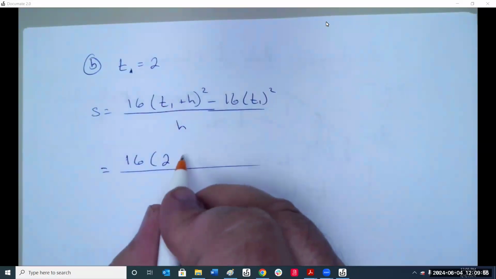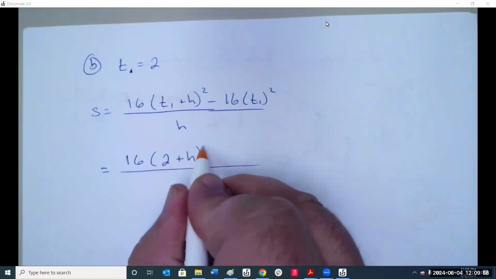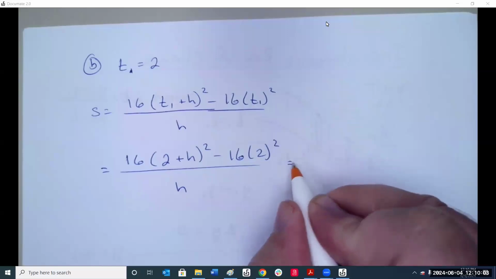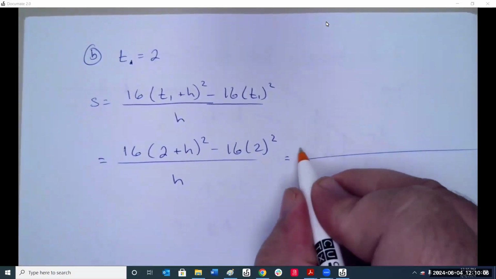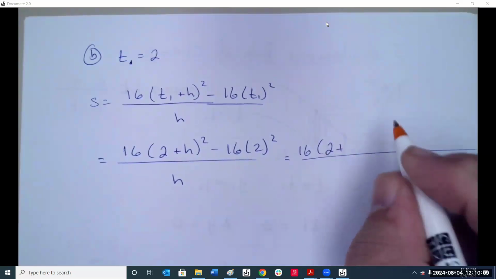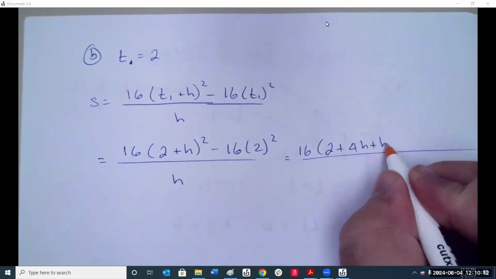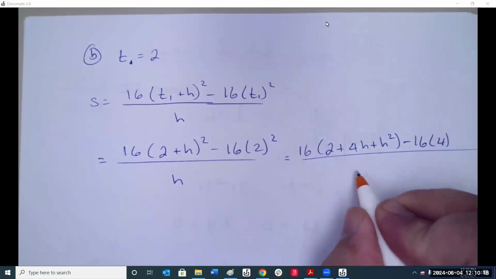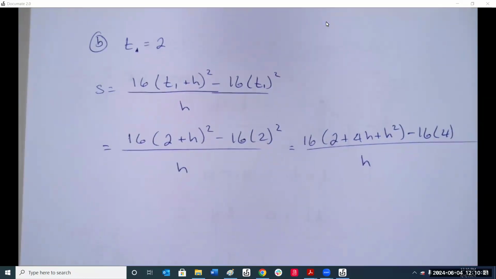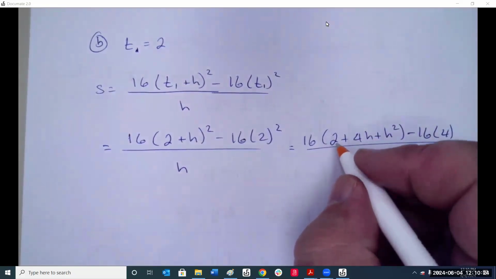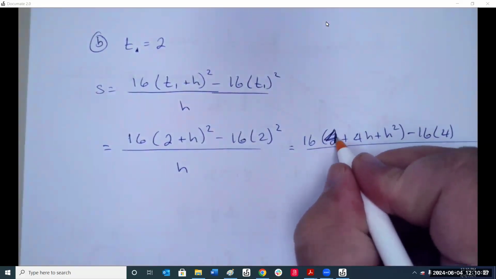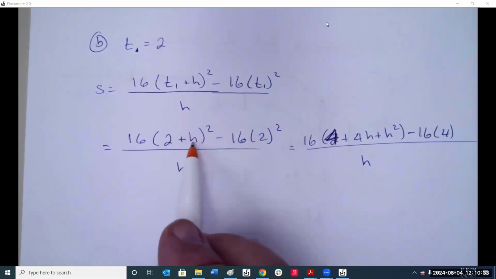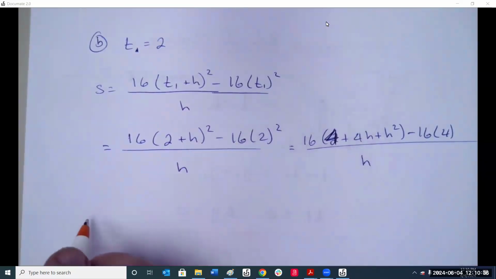Now we're looking at 2: 16(2 + h)², which is 4 plus 4h plus h², minus 16 times 4. That's not true, it's 4. And that should be 4h and h².